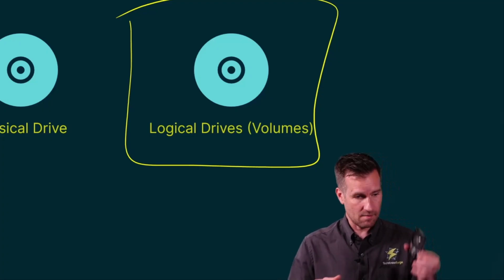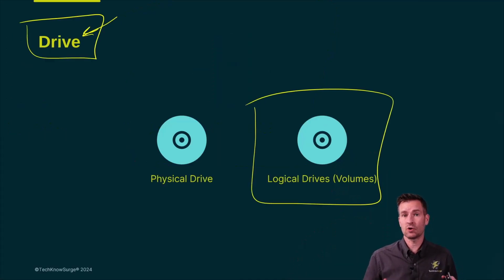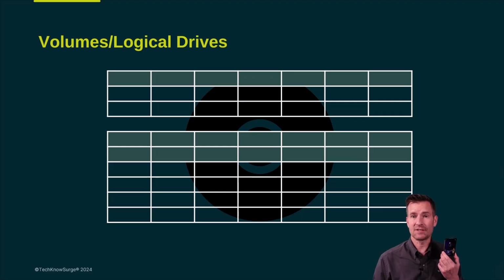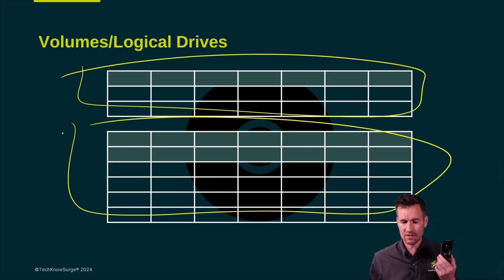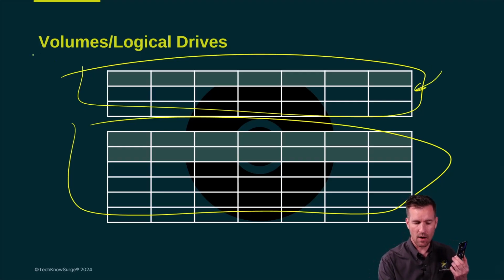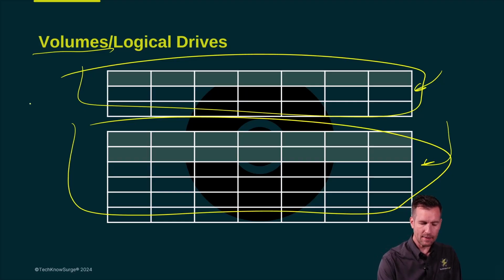Drives could mean that actual physical drive that spins the media, but it also could refer to the logical drive of these volumes that are on a computer. So as an example, we have this hard disk drive, and maybe we've partitioned it into two different partitions. We've now formatted it, so now we have volumes that show up inside of the machine, that are accessible. We can actually store data on it now, and they show up on a Windows machine as drives.